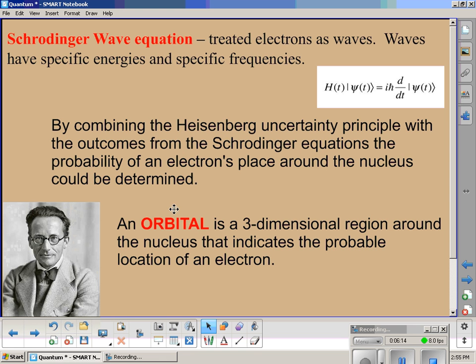By combining the Heisenberg uncertainty principle with the outcomes from the Schrodinger equations, the probability of an electron's place around the nucleus could be determined. Not exactly where it is, but where it's probably at. So an orbital is a three-dimensional region around the nucleus that indicates the probable location of an electron.